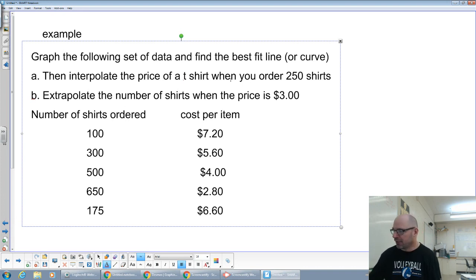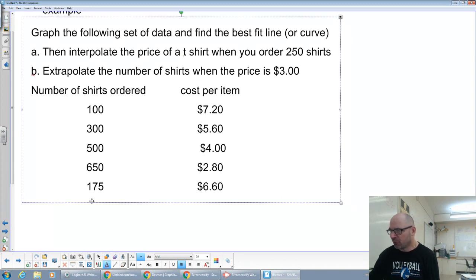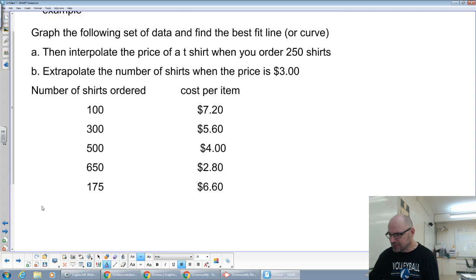I'm just letting you copy that down for a minute. When we talk about the word interpolate, I'm going to put the meanings underneath and then pull up Desmos.